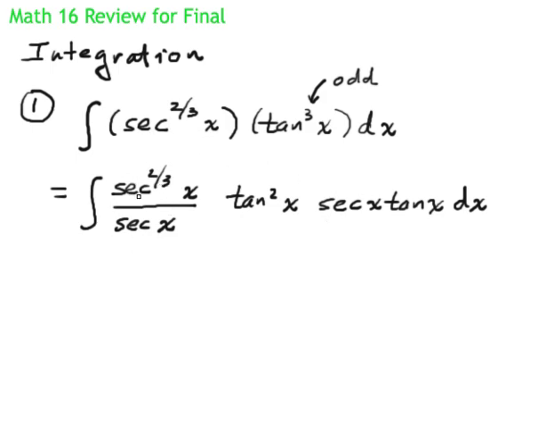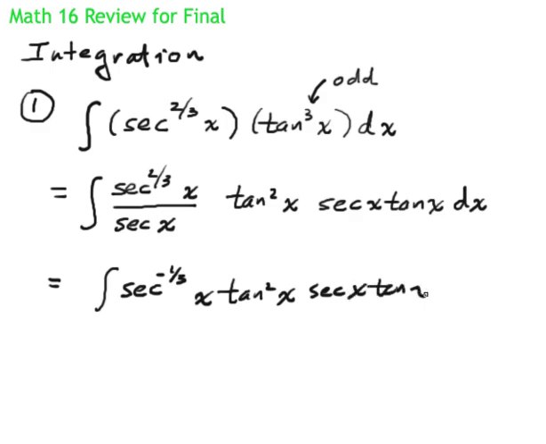But let's combine these. Let's subtract 2/3 minus 1. That's 2/3 minus 3/3. So we have secant to the minus 1/3 x, tan squared x, secant x tangent x. Okay, now next to the dx we have the derivative of secant, so we want to switch everything else to secant.